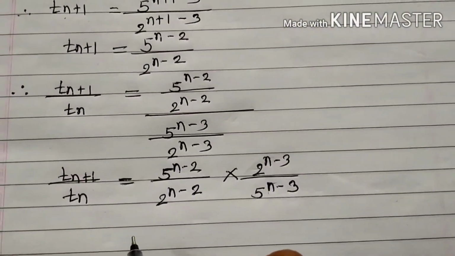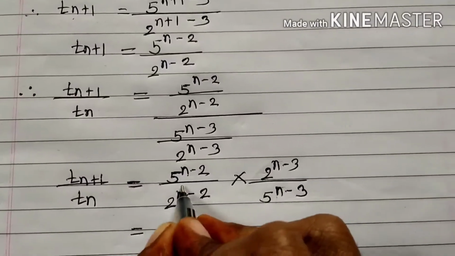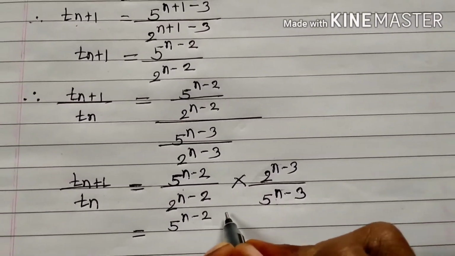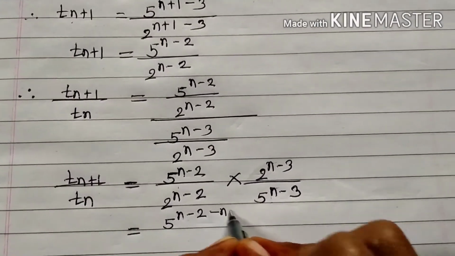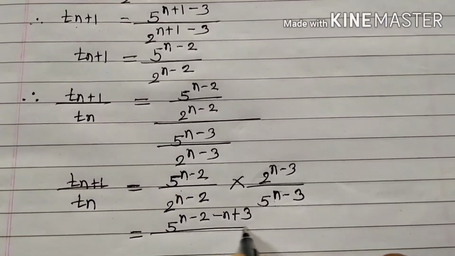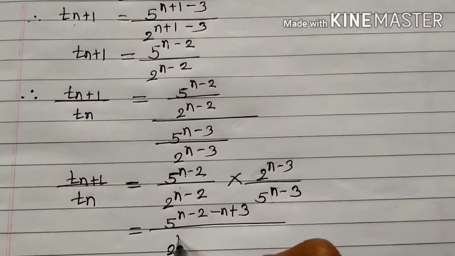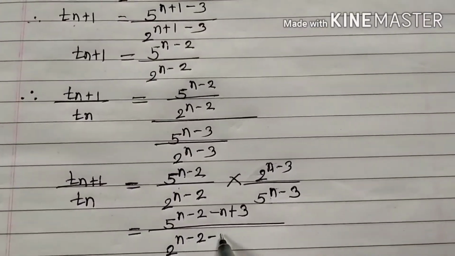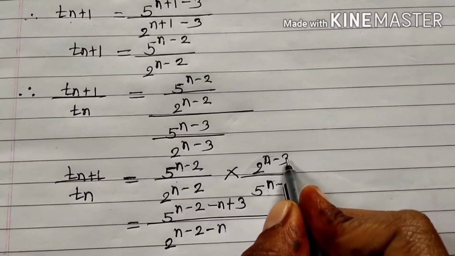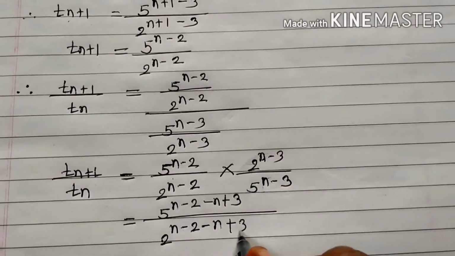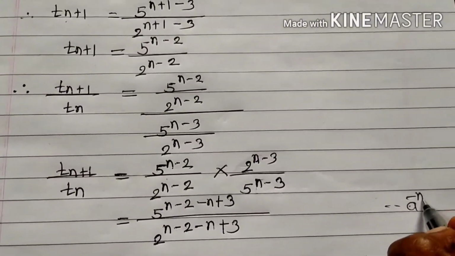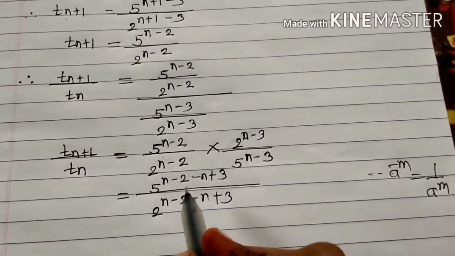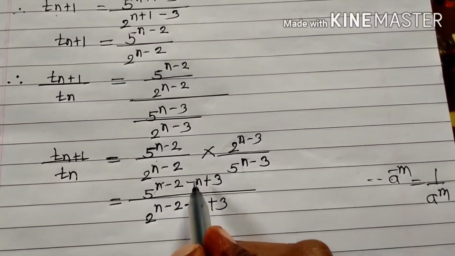Now use laws of indices. So 5 raised to n minus 2, and here is also 5, so here minus n plus 3 upon 2 raised to n minus 2 as it is, and this is plus n, so it is minus n. This is minus 3, so it is plus 3. There is a rule: a raised to minus m is equal to 1 upon a raised to m. Now calculate: this plus n minus n cancels.